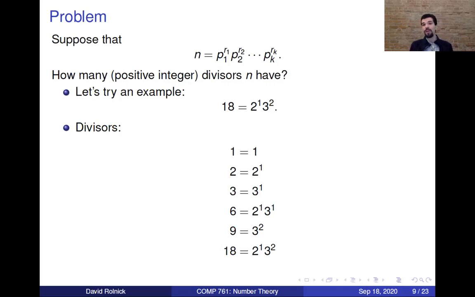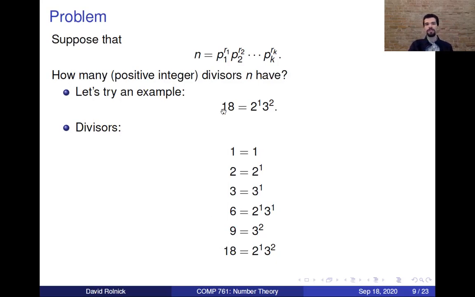And let's just go through the prime factorizations of them. The first one has no factors, which is 1, then 2 to the 1, 1 factor of 3, a factor of 2 and a factor of 3, 2 factors of 3, and then 18 itself. Okay. Maybe that's given us a little bit of a sense of what might be going on here.